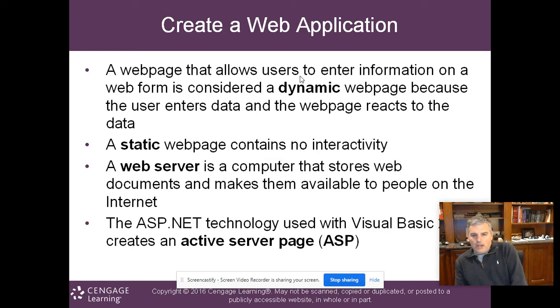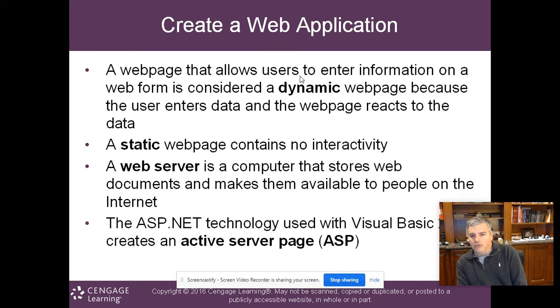So a web page that allows users to enter information on a web form is considered a dynamic web page because the user enters data and the web page reacts to the data. A static web page contains no interactivity. So that's when you're talking about a brochure website, no interactivity, you're just looking at the site. Think about your general restaurant websites where you look at a menu and that's it.